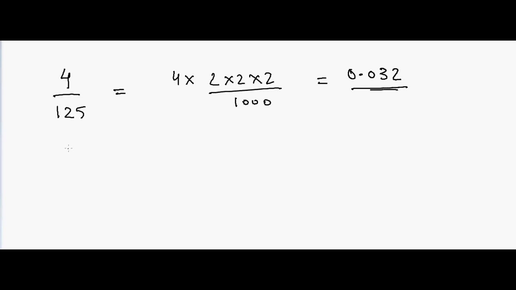Again, if I have 20 and want to divide by 125, 2 into 8 is 16, so add 16 here, and then I have one more 0 here, but then I can do this, so this will be my answer.